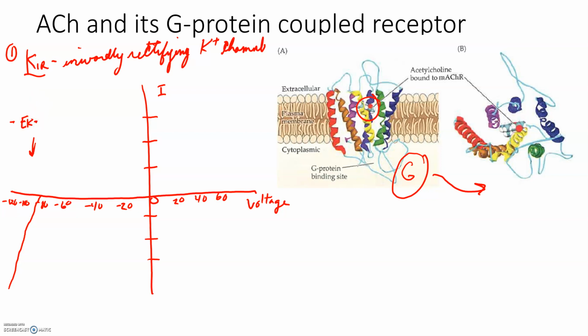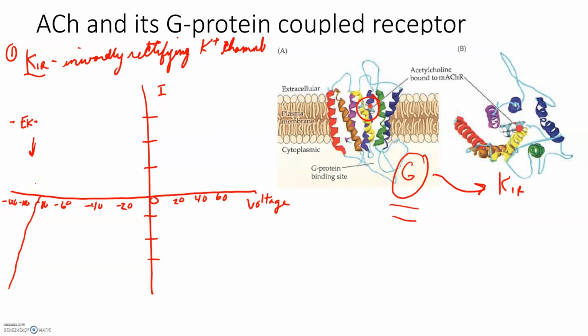Right? You would imagine that if the cell was then depolarized, where you would expect voltage-gated channels to allow potassium out, this inwardly rectifying channel that's mediated by this G protein, which interacts with this inwardly rectifying channel at voltages that are pretty hyperpolarized, is going to keep the voltage of the cell right around its EK value, right?